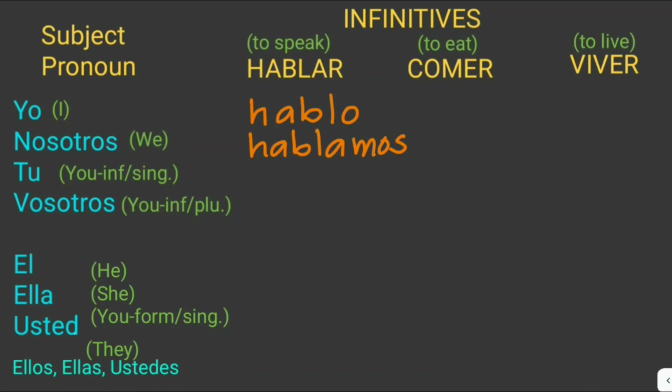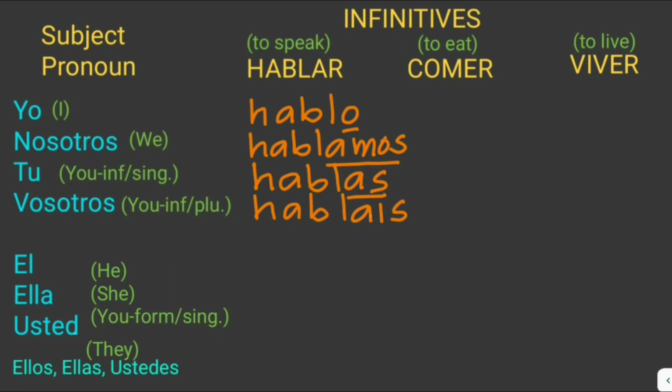And for tú, which means you in English, informal and singular, this would become hablas. Tú hablas. Tú hablas español. For vosotros, this would become habláis. Have you noticed the endings? They are changed to o, amos, as, áis instead of ar.